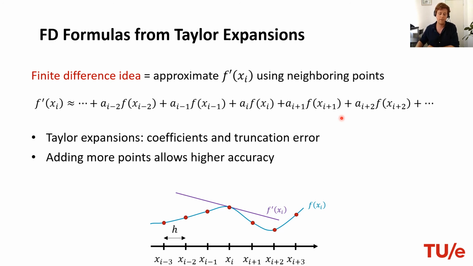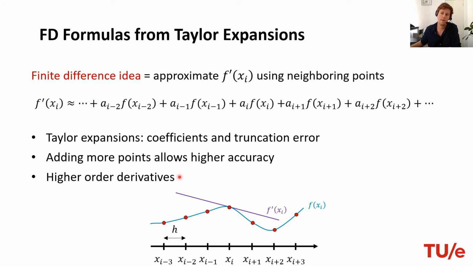And finally, in the final slides, we discussed how this Taylor series expansion strategy also simply generalizes in a very natural way in order to come up with finite difference formulas for higher order derivatives.